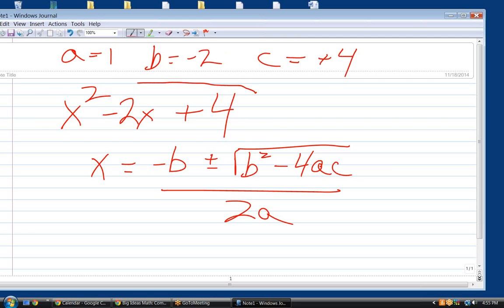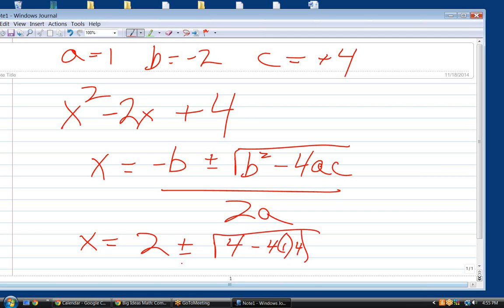So whenever you have a quadratic in standard form, which is ax squared plus bx plus c, you can always solve it using the quadratic formula. In other words, if I wanted to solve that particular quadratic, it would be minus b, which is 2, plus or minus the square root of 4 minus 4 times 1 times 4, all divided by 2.